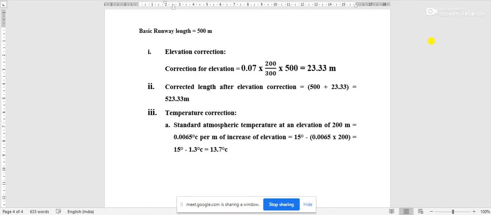This is the standard atmospheric temperature at that specific elevation that is given, that is 200 meter.